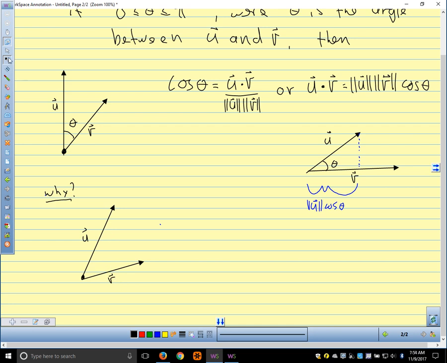There's v. And I'm going to put a vector here. Well, because of the way that we talked about adding and subtracting vectors, this vector is u minus v. And we're going to look at this triangle. There is theta.